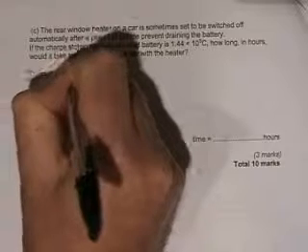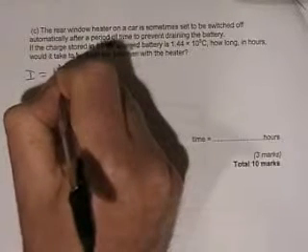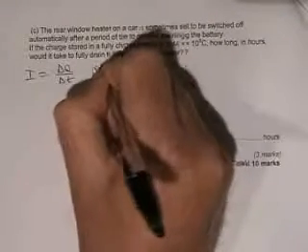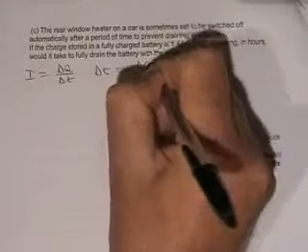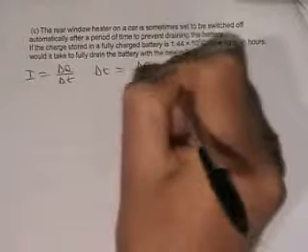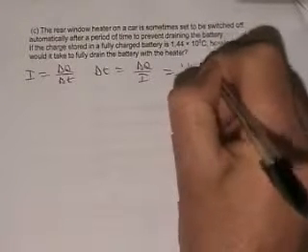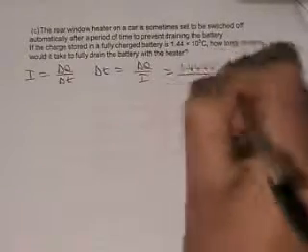Current equals charge being moved, delta Q, divided by T, and we're trying to find delta T. So delta T, how long does it take to discharge the battery, would equal delta Q divided by I, and we know how many coulombs you've got, 1.44 times 10 to the 5, that's the charge. What's the current? Well, I've forgotten, but we must have worked it out earlier.